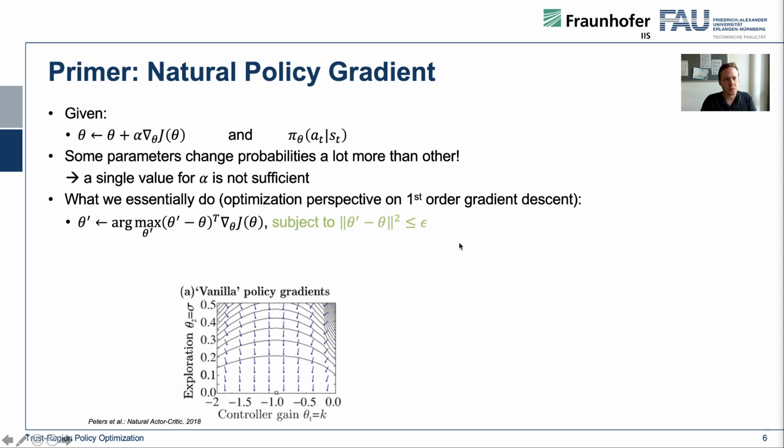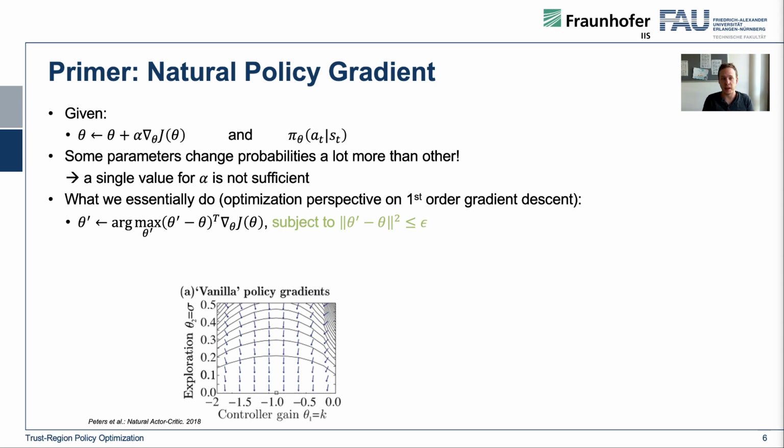If we consider the optimization point of view on this problem, when we do first order gradient descent, we're updating our policy with a small step size towards the gradient. The problem is that some parameters change the probabilities of taking actions a lot more than other parameters.